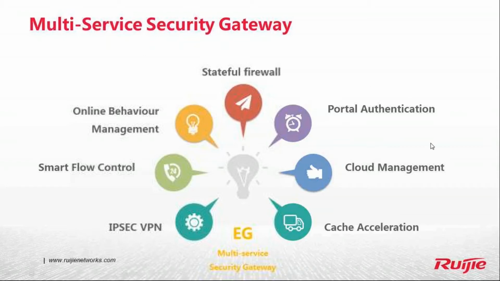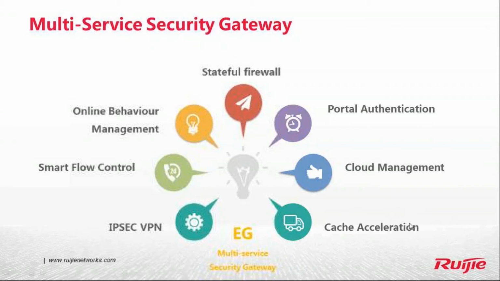This can be configured in our security gateway. And the cloud management. Now I only talk about the theory. Later my colleague will show you how to do this. With the cloud management, you can do the security control on your security gateway.